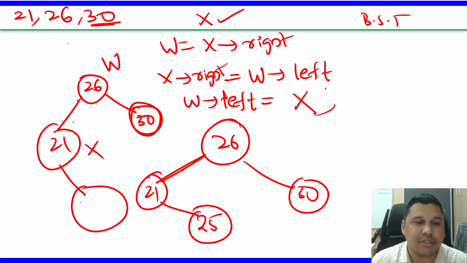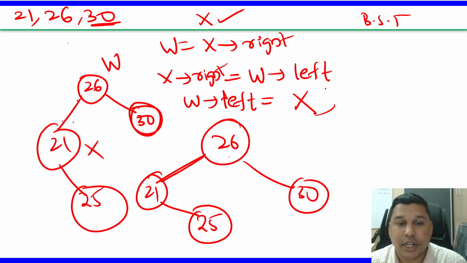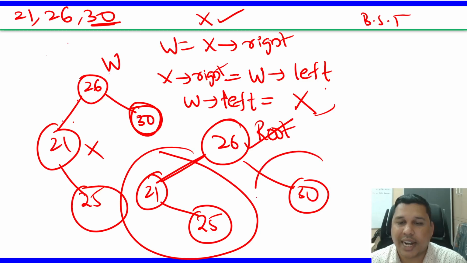It has a right, what is that? 25. Like this you have to rotate. Now, see, it is balanced and also it is satisfying the property of binary search tree. Why? The new tree has 26 as my root. Elements on the left subtree are less than 26, right subtree are greater than 26, and every node is balanced here.